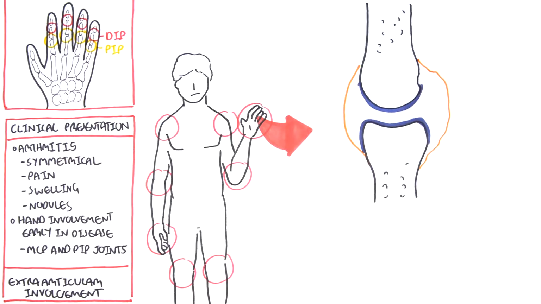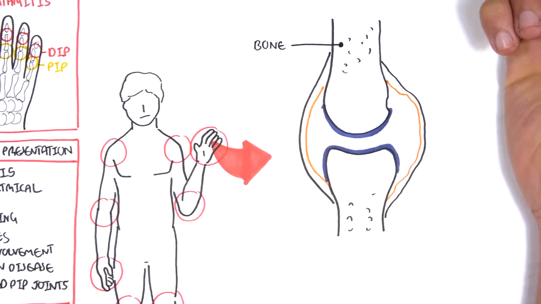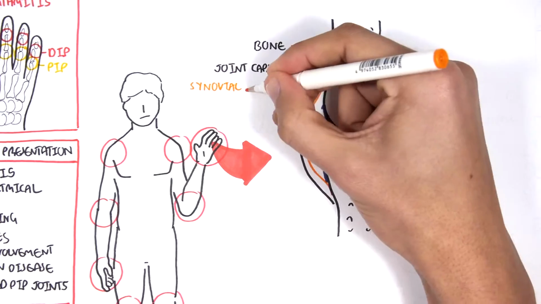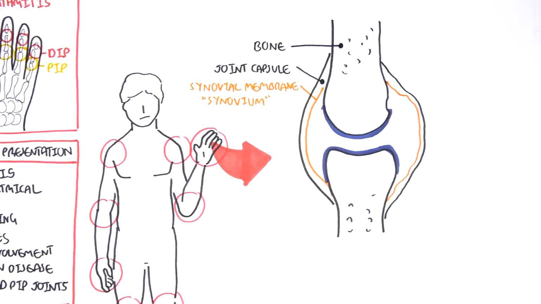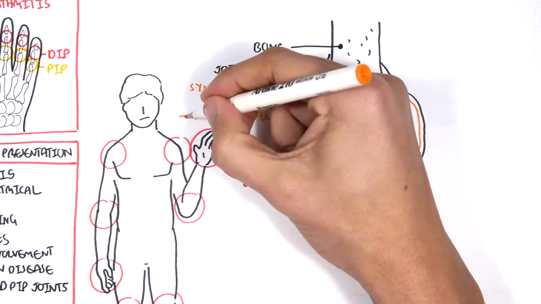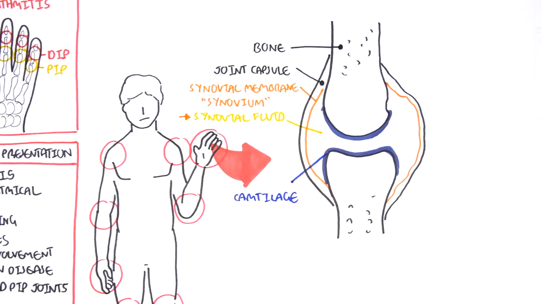And just to recap the anatomy, here we have the bone, the joint capsule, the synovial membrane, also known as a synovium, which produces the synovial fluid, which helps in lubrication, as well as supplying nutrients to the area. Then we have the cartilage here in blue.